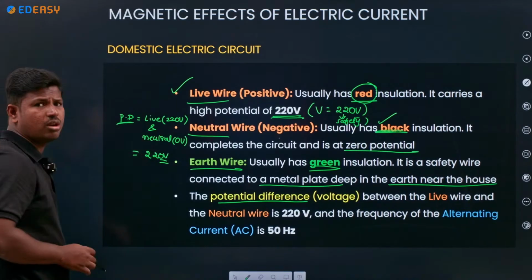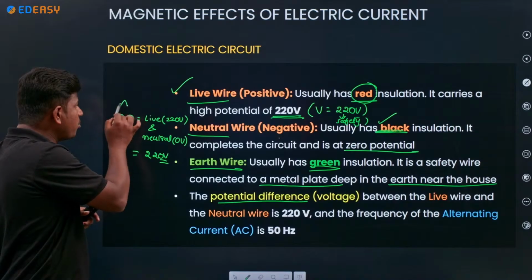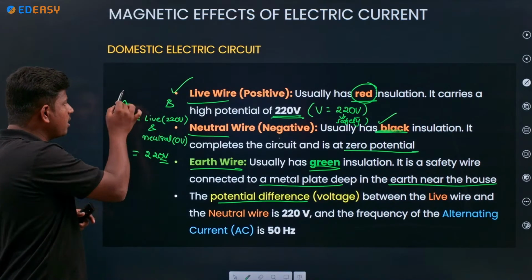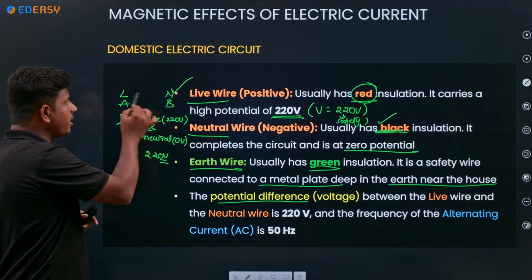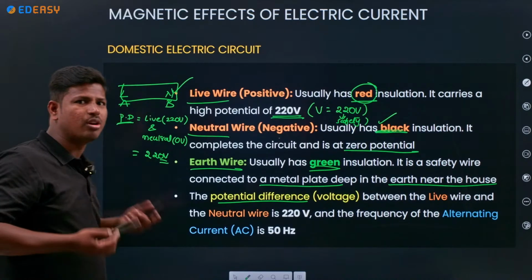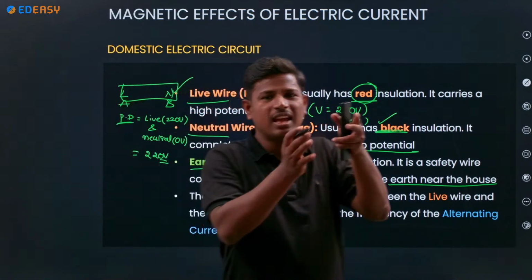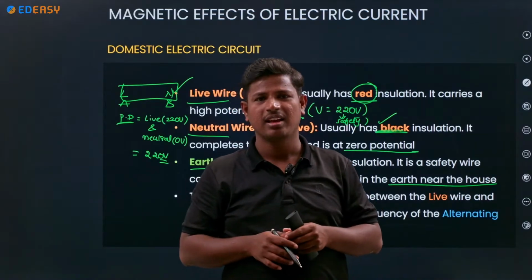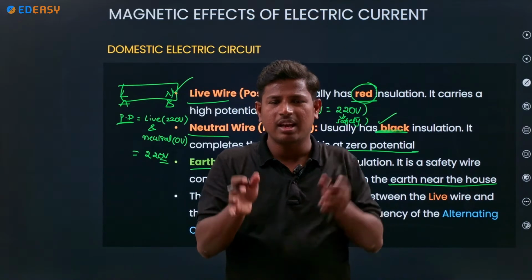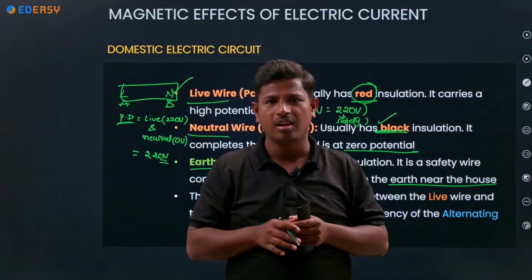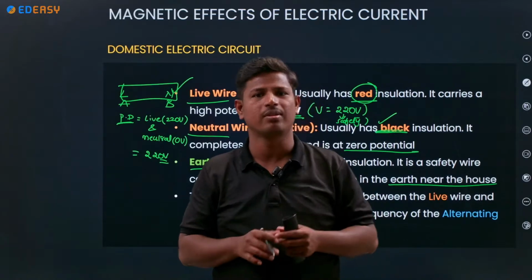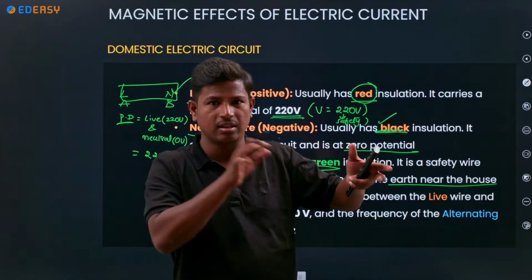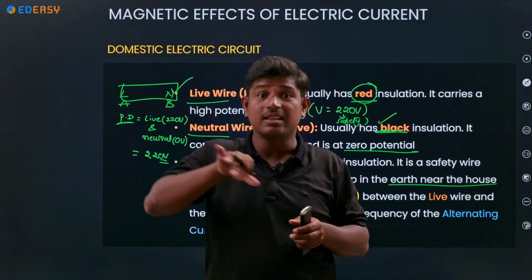Potential difference means, you know, between any 2 points A and B. Here, between live wire L and neutral wire N, how much potential is there? 220 volts. Live wire 220 volts entering, neutral exit.